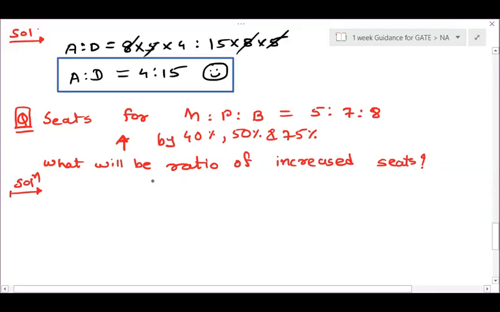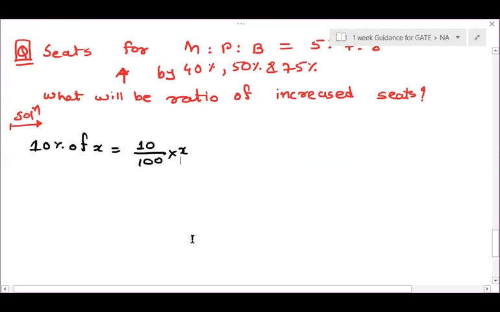Now see over here. So first understand this percentage, right? If I am writing 10% of x, its meaning is 10 by 100 into x, isn't it? Now if I am writing 10% increase of x, so this will give you x plus 10x by 100.